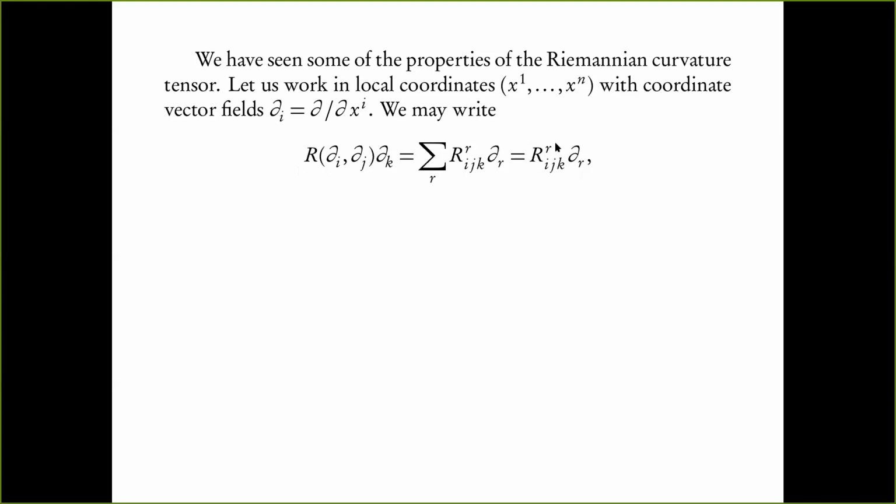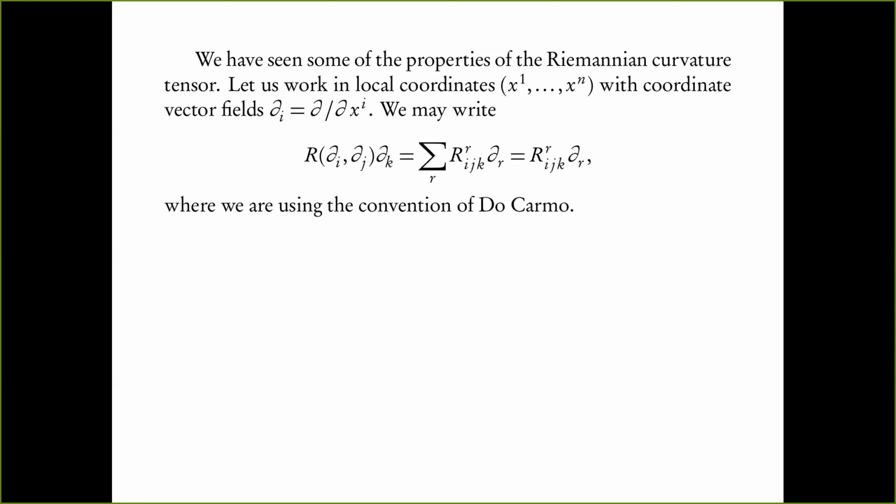So these are the coefficients that appear when I express this vector field in terms of the coordinate vector fields. I have called them R_ijk in the order that they appear here, and the superscript r matches up with the subscript r so that it's a sum over r. So anyway, these are some functions. You just call them R subscript i, j, k, superscript r. Okay.